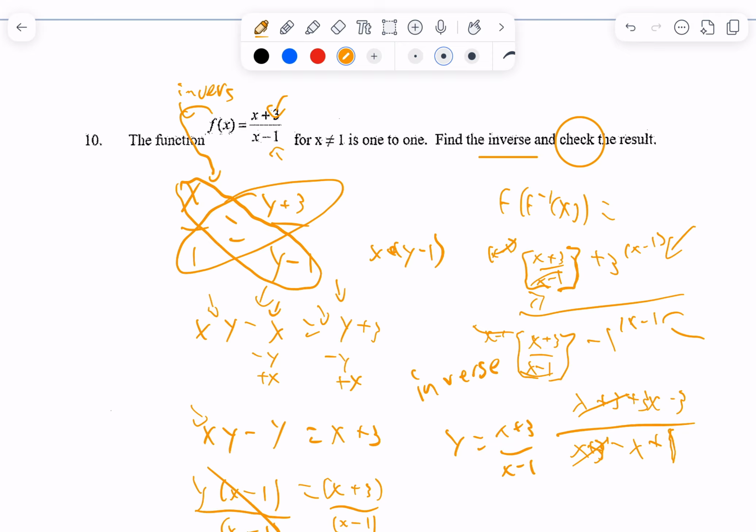Okay, then we get x plus 3 plus 3x minus 3 over x plus 3 minus x plus 1.